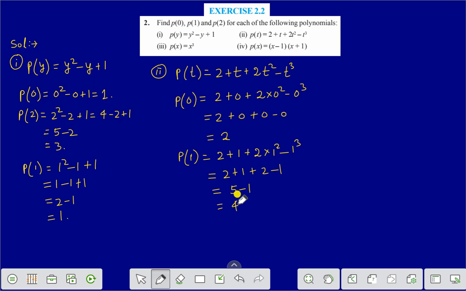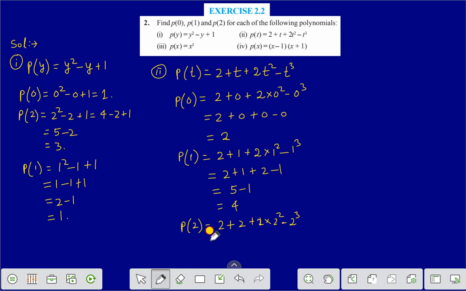Therefore, we are getting the value P1 as 4. Now we will find the value P2. That means you have to put the value 2 in the place of t. That is 2 plus 2 plus 2 into 2 square minus 2 cube.